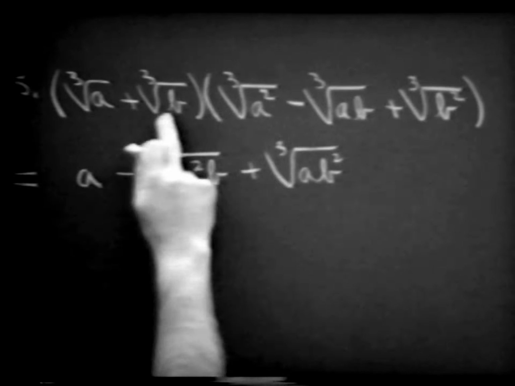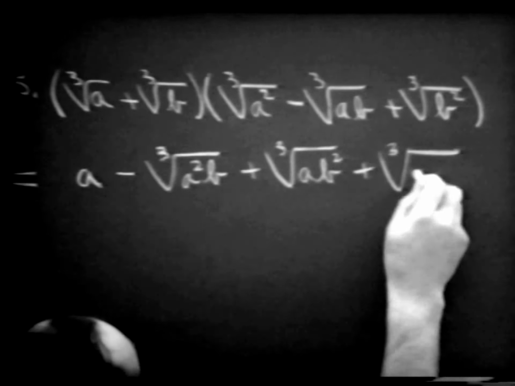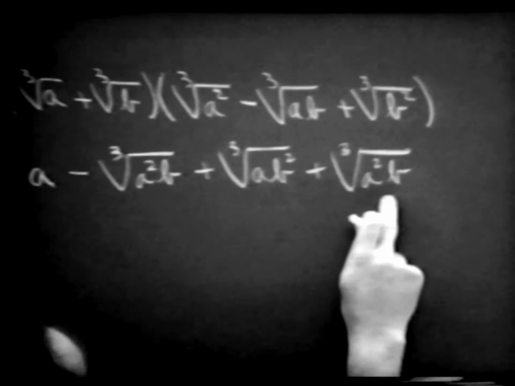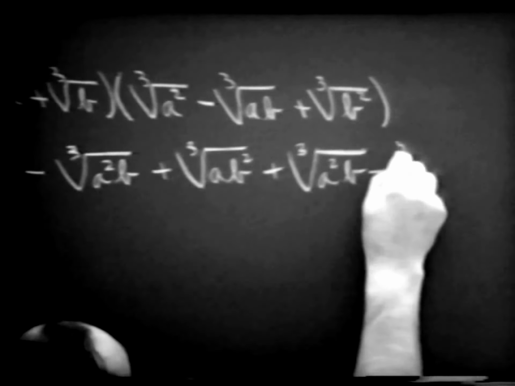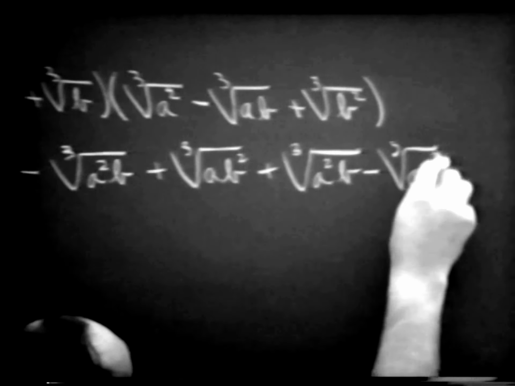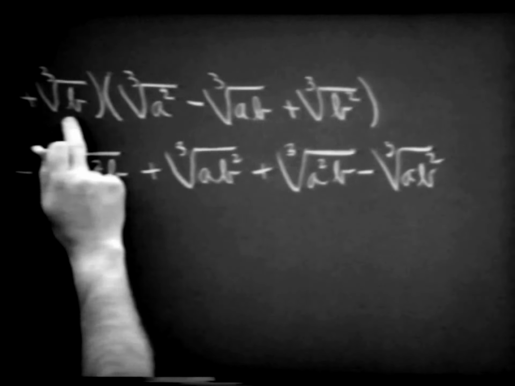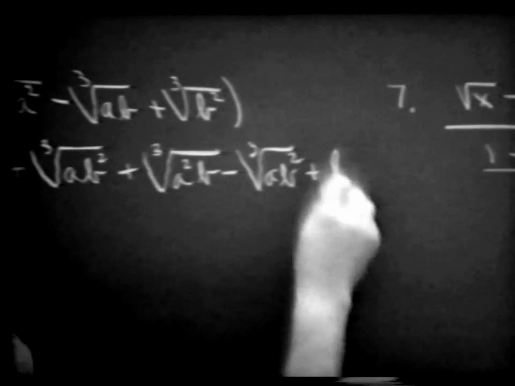And now we have the cube root of b times this number, which is what? Plus the cube root of, let's write that as a squared b. And now we have this number times this number is what? Minus the cube root of what? ab squared. And finally now we have the cube root of b times the cube root of b squared, which is plus what? Plus b.